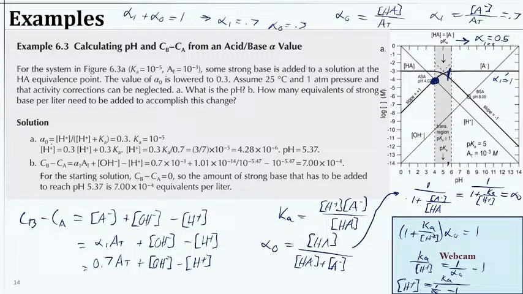So they write H plus is equal to 0.3, that's alpha 0, times H plus 0.3 times Ka. Now, is that the same thing as what I have over here? They factored it, right?